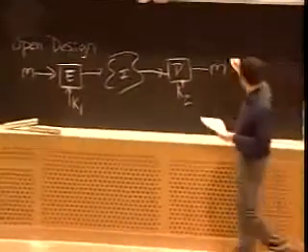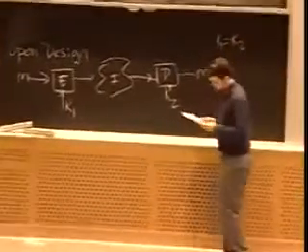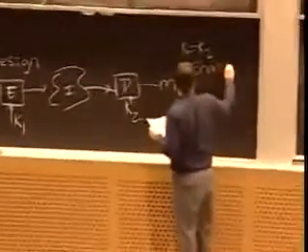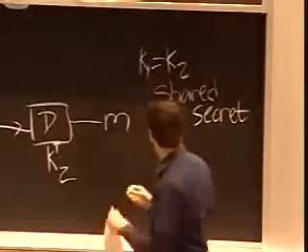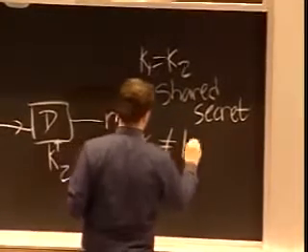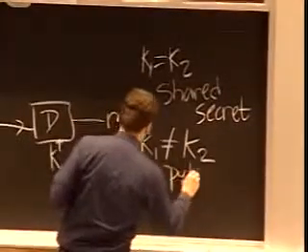If K1 is equal to K2, we say that this system is a shared secret system. And if K1 is not equal to K2, we say that this is a public key system.